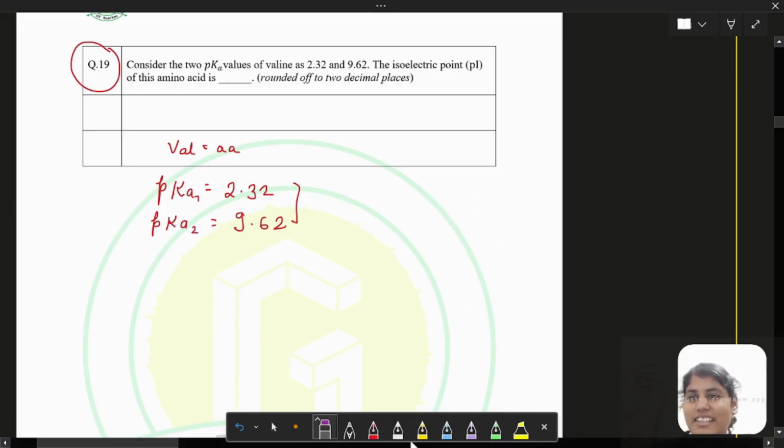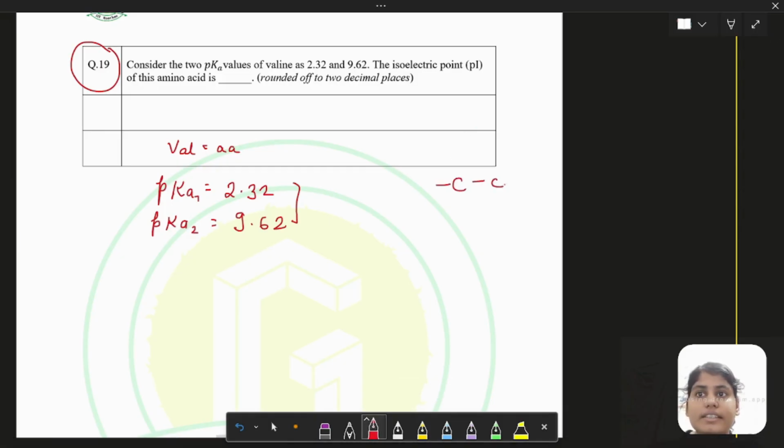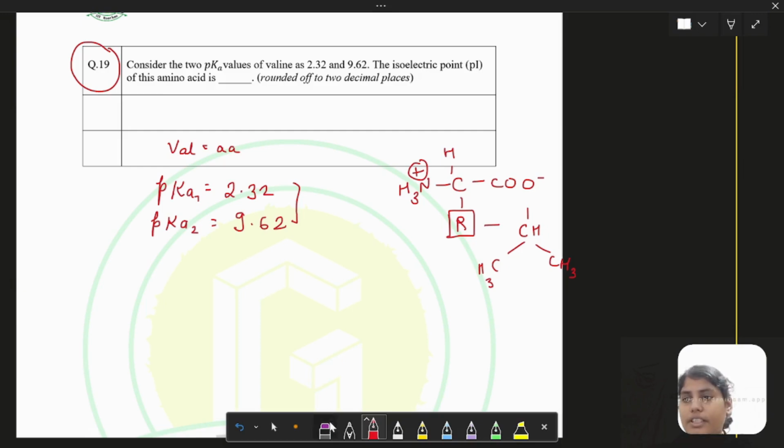Okay, so the structure of valine: this is COO negative, and this is NH3 positive. This is H, this is the amino acid, and here is the R group, which I think is CH3 and CH3, but I am not sure, so I have to erase it.